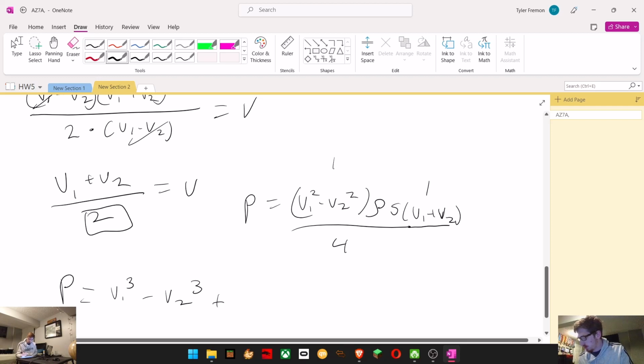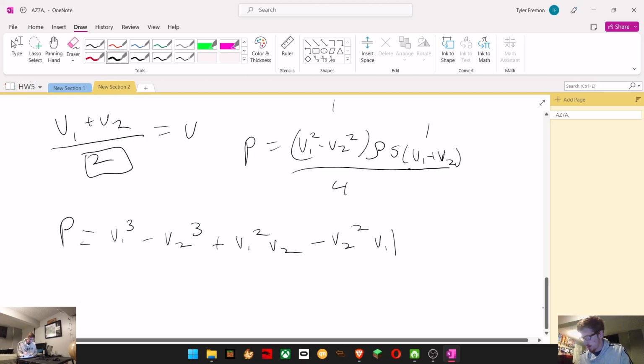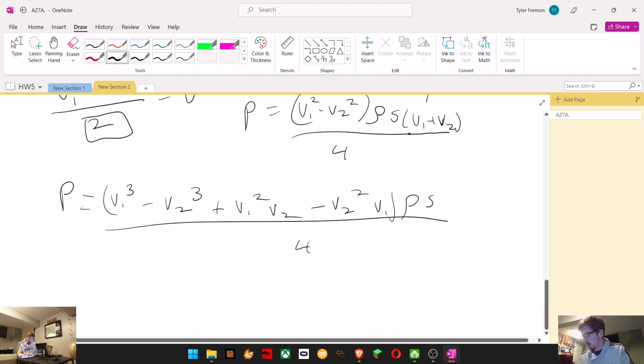plus V1 squared V2 minus V2 squared V1, times rho S all over 4. And actually what we're going to do here is take out a V1 cubed from each of these terms.